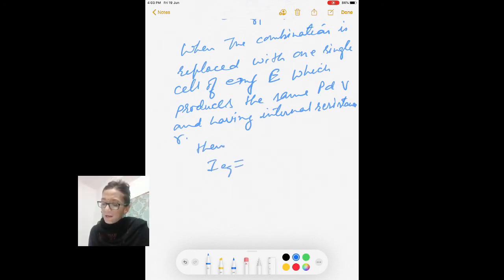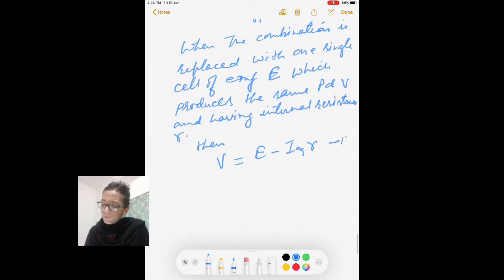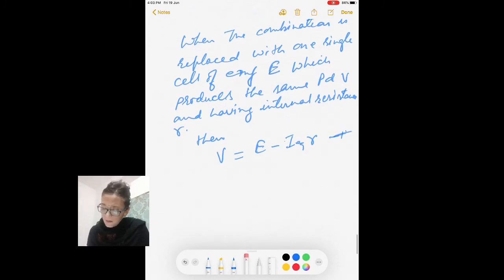I equivalent should be equal to E minus, V is equal to E minus I equivalent into R. Let me simplify this.